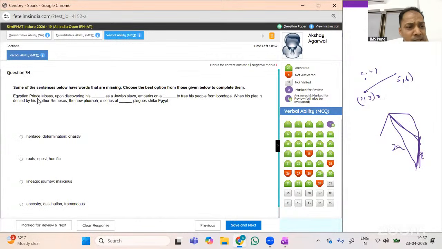Yeah. Egyptian Prince Moses, upon discovering his dash as a Jewish slave lineage or ancestry or roots, embarks on a dash to free his people from bondage.